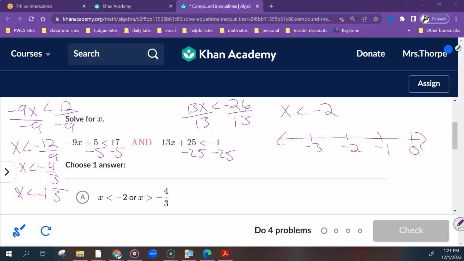Negative x is less than negative 2 would be open to the left. X is less than negative 1.3 would be like here. Open to the left.